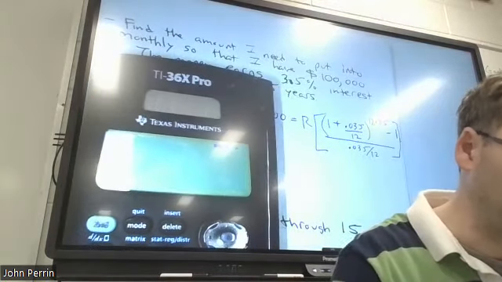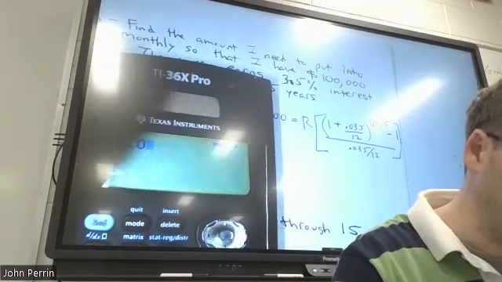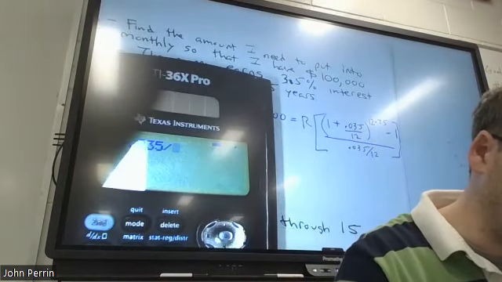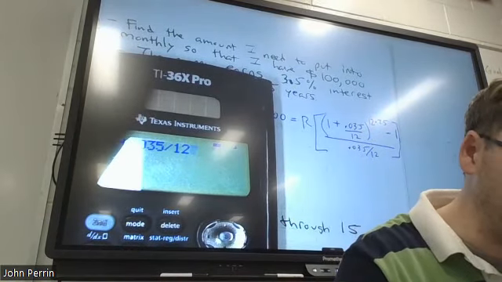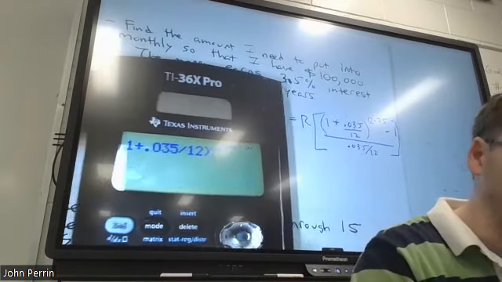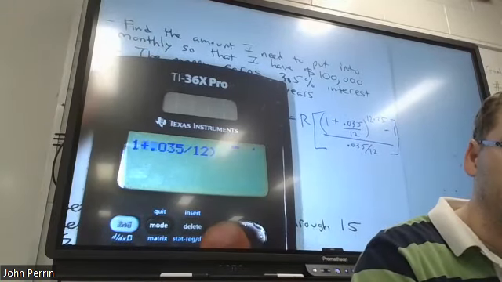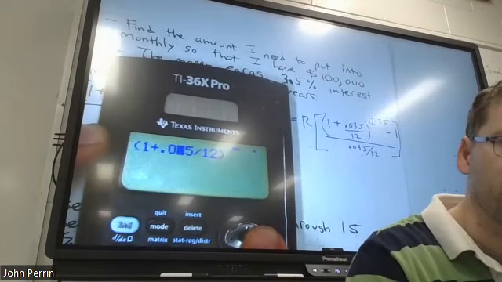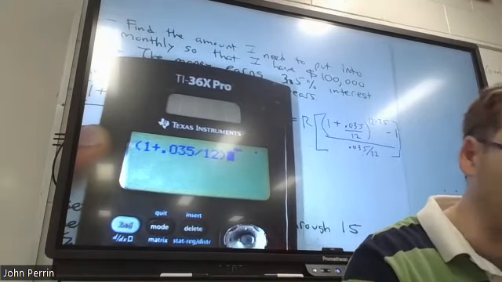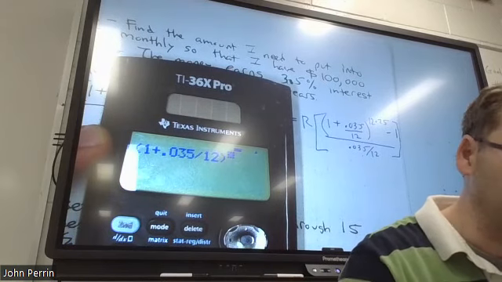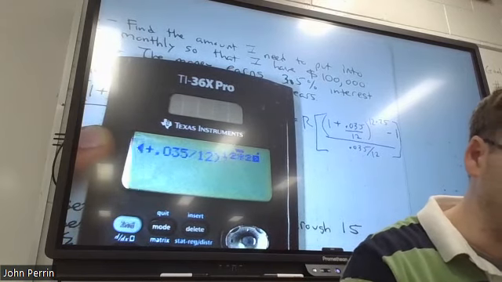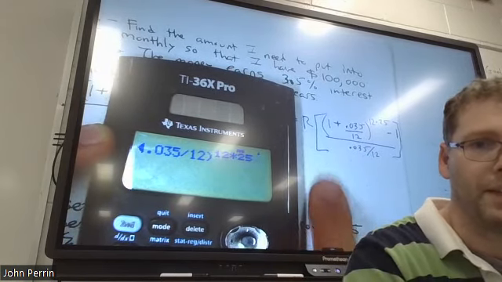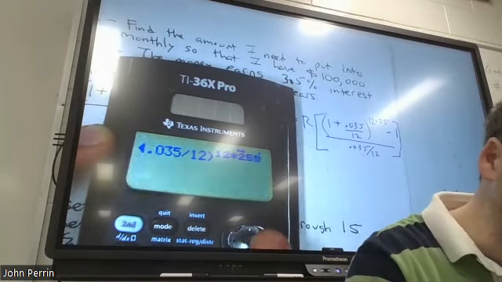I'm going to try 1 plus 0.035 divided by 12. And all of that needs to be raised to a power, so I better get parentheses around this. Raise it to the 12 times 25. And then there's a minus 1 on the end. I don't want to forget that.